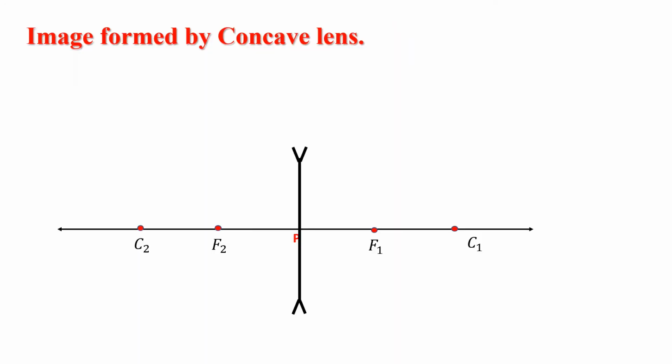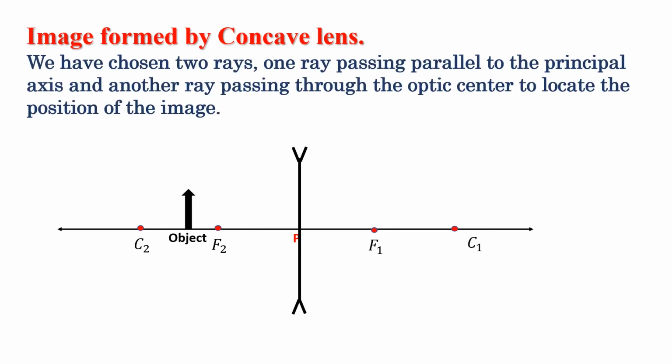Now we will see the image formed by a concave lens. How is the image formed by a concave lens? So here we are placing an object on one side of the concave lens, and again here also we use two rays to draw the ray diagram. The first ray is parallel to the principal axis.